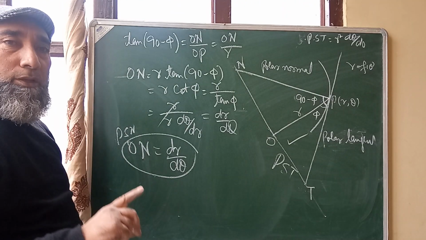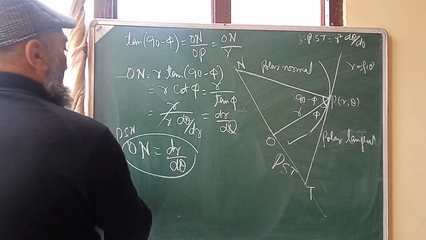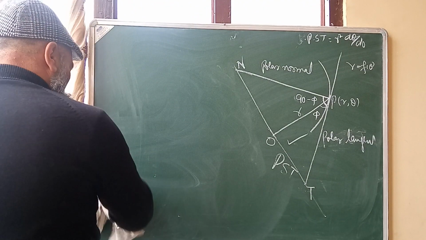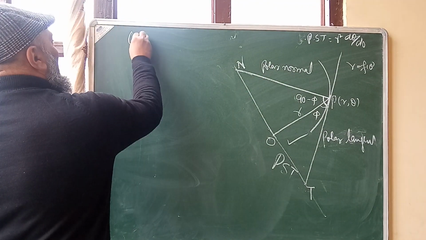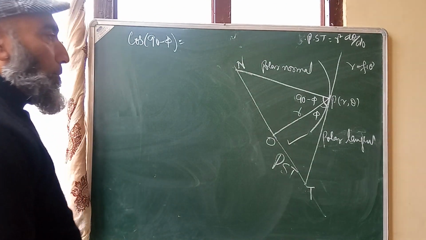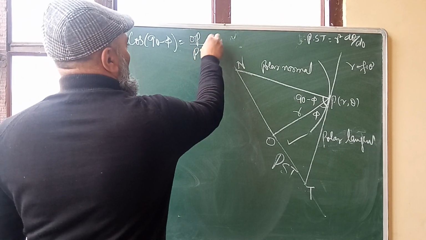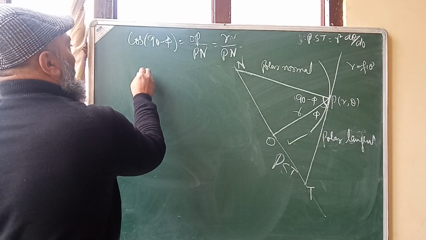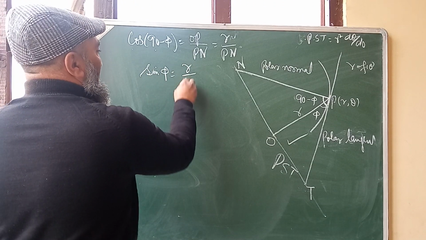For that I will be using cos of 90 minus phi. Now from this triangle OPN, cos of 90 minus phi is base by hypotenuse, OP by PN, r by PN. So cos of 90 minus phi is sine phi, so sine phi equals r by PN.